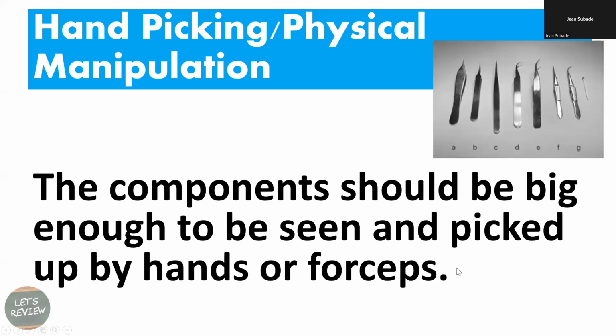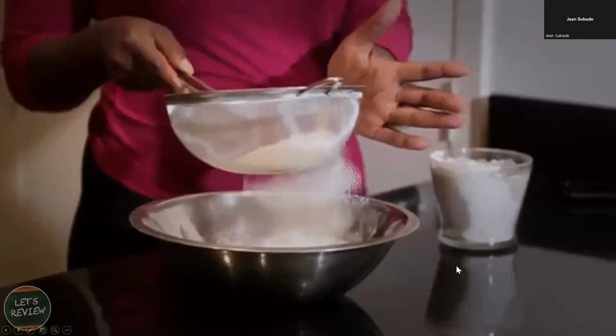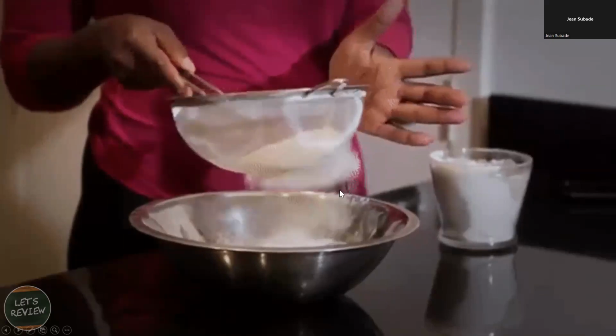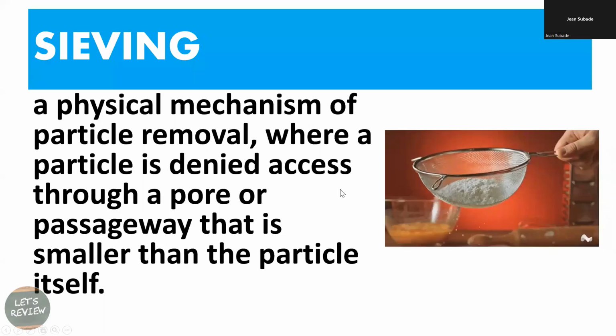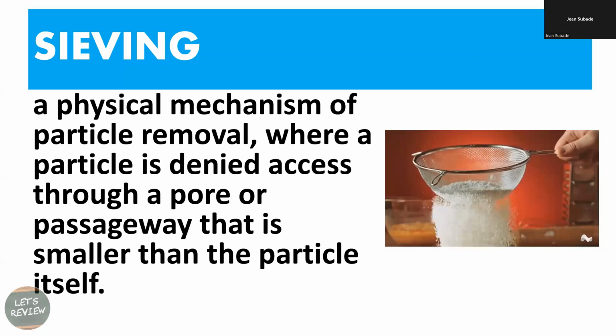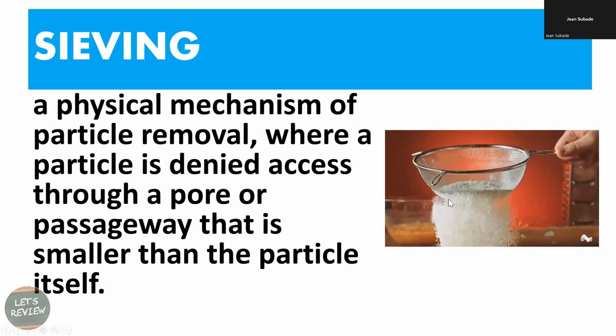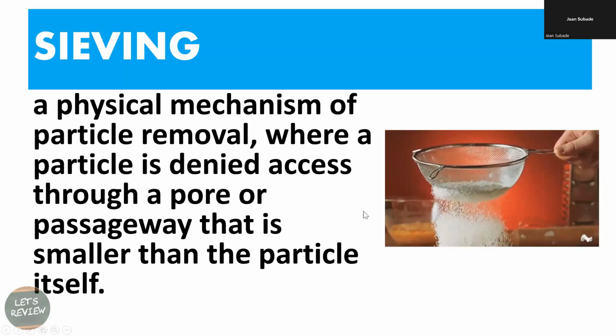Another way to separate a mixture is, of course, sieving. Sieving is a physical mechanism of particle removal where a particle is denied access to a port or passageway, and a sieve is the instrument used to do that.